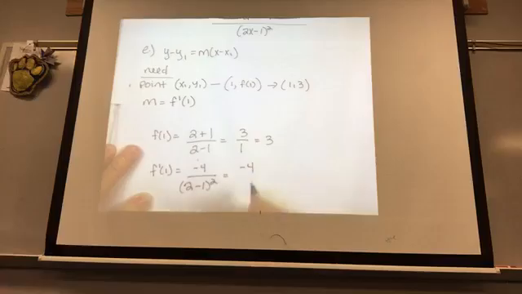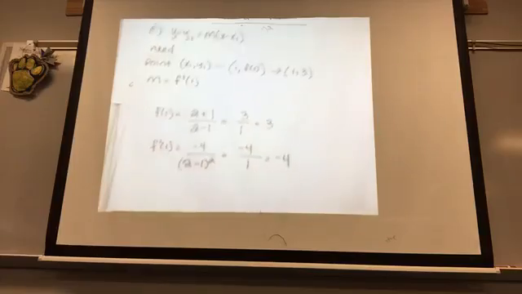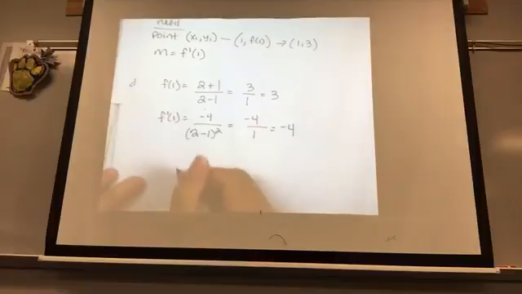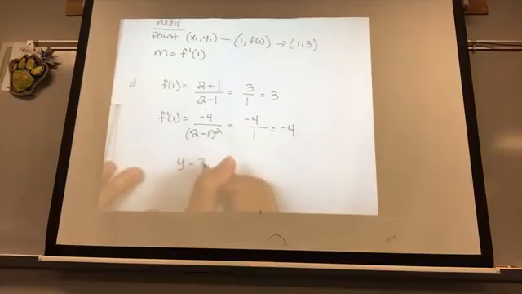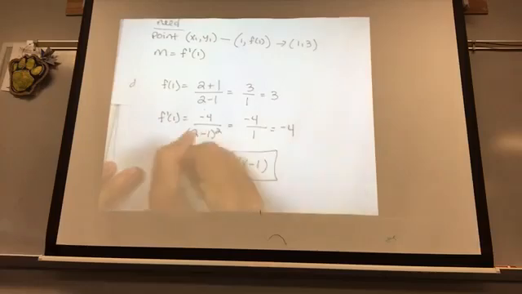So do you see why it's more convenient here to have the simplified answer? So you only have to plug it in once and you're done. Yes, so my slope is negative 4. So now putting it all together, my equation of my tangent line is y minus 3 equal to negative 4 times x minus 1.